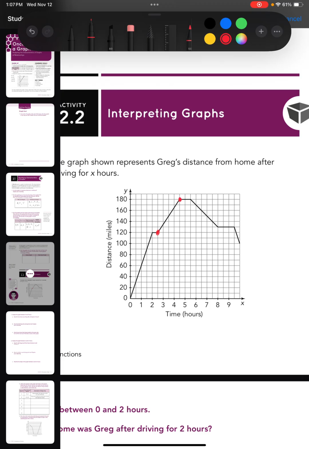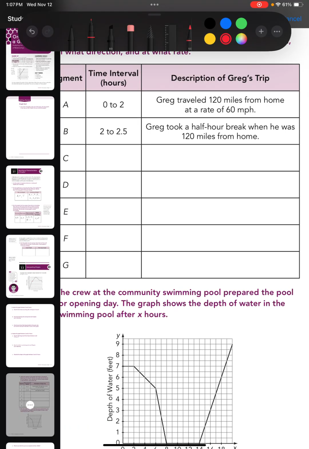So he went from 120 miles to 180 miles. So he went 60 miles during that time period. So from 2.5 to 4.5, he went 60 miles at a rate, 60 miles over 2 hours, so 60 divided by 2, of 30 miles per hour.